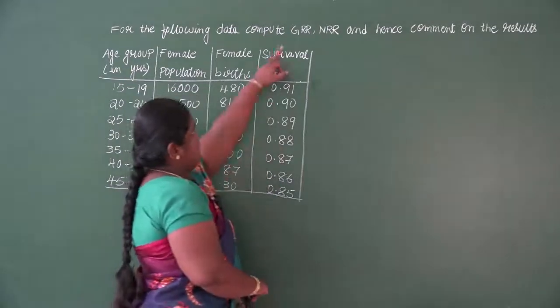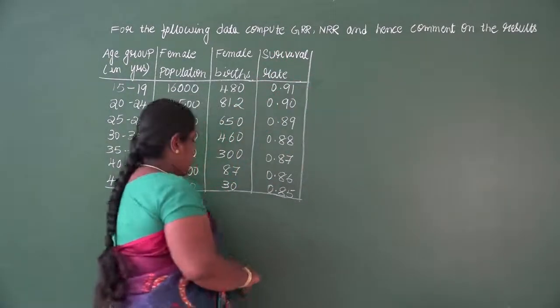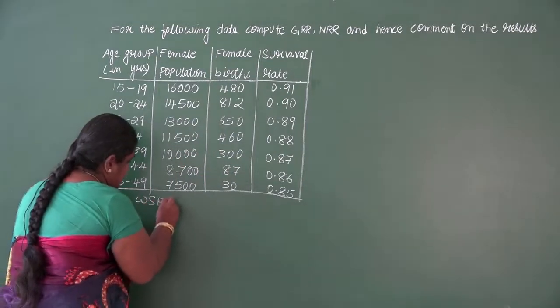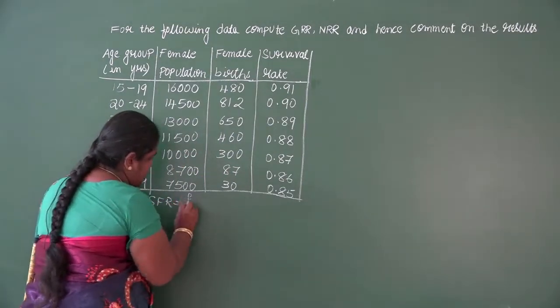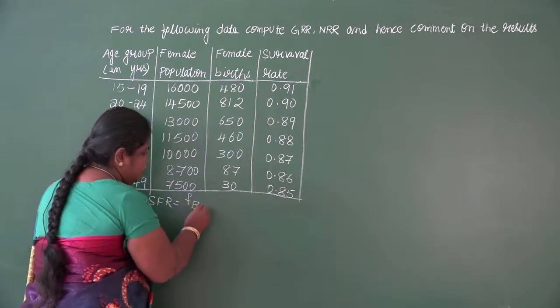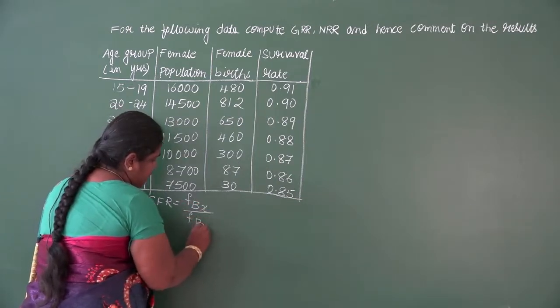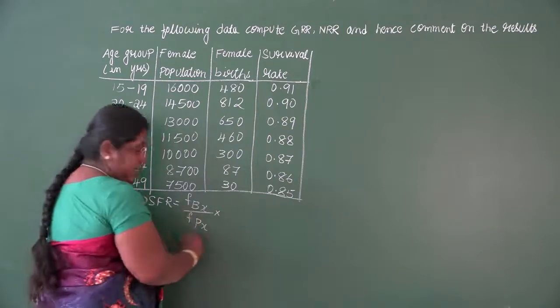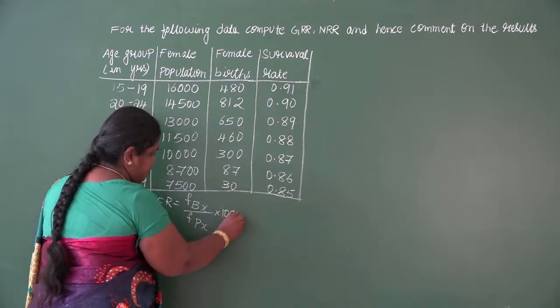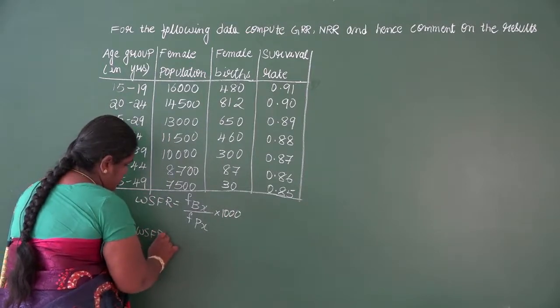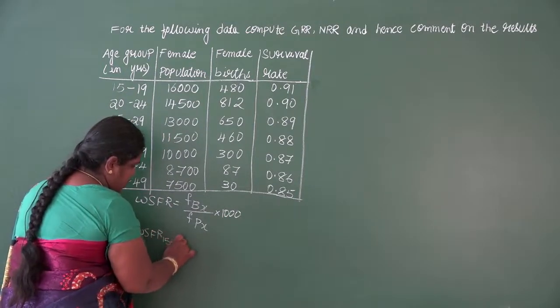Since we have to calculate GRR and NRR, first we need WSFR. So write the formula of WSFR. It is female birth at time period X divided by female population at time period X into 1000. In this itself I will mention one step calculation, that is for the age group 15 to 19.